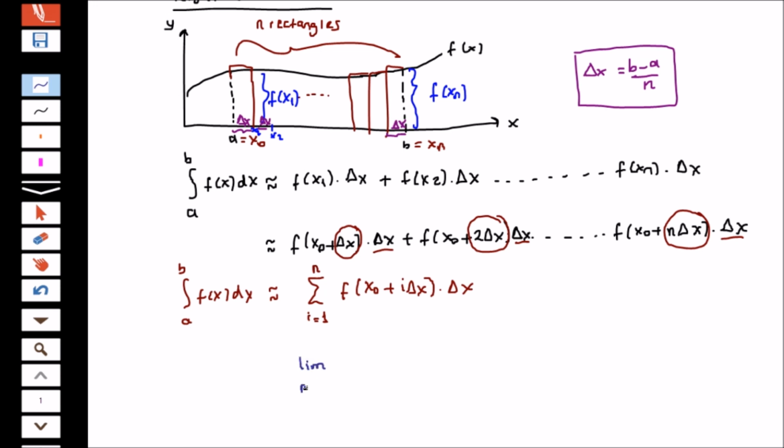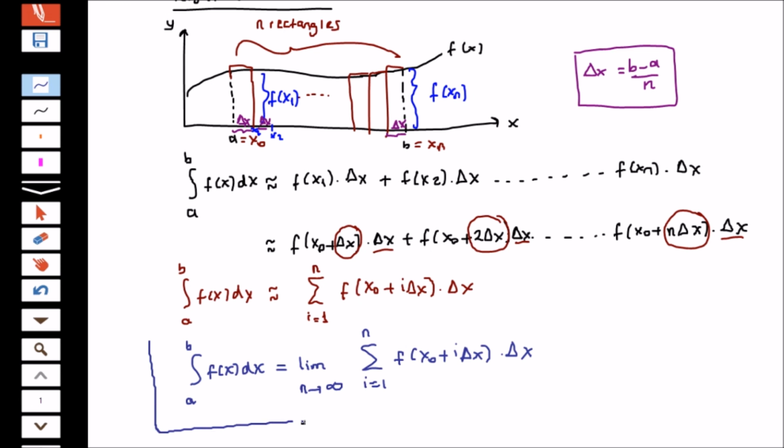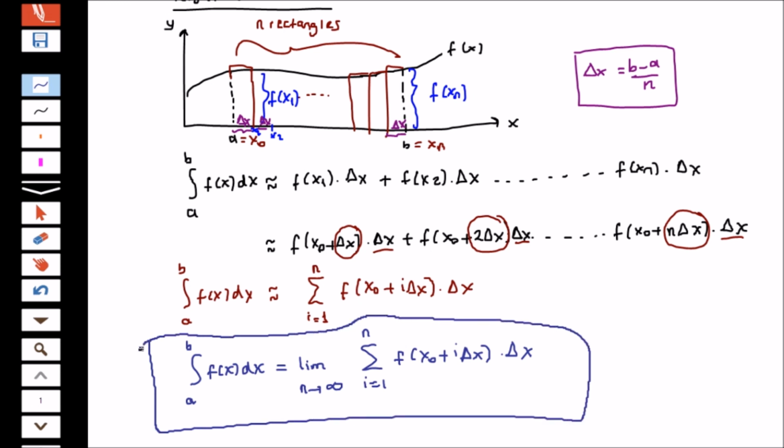If the limit as n goes to infinity, the sigma notation from 1 to n, f of x0 plus i times delta x times delta x is exactly equal to the definite integral from a to b of f of x dx. We got the formula now. This is our formula. Thank you for listening. This is the end of the video.